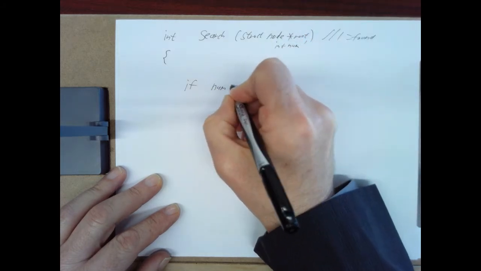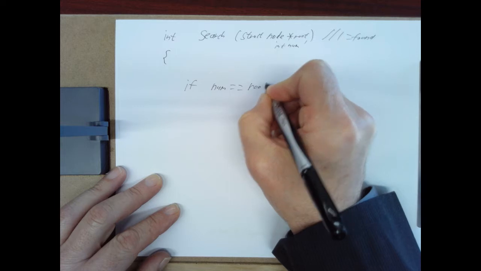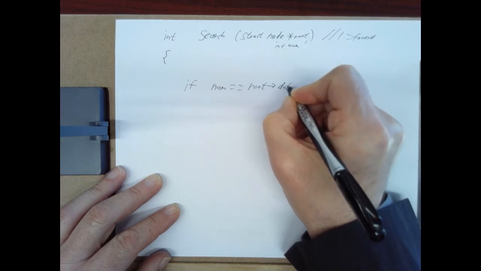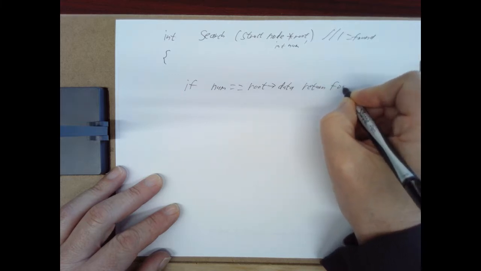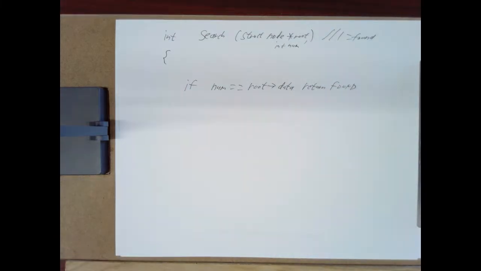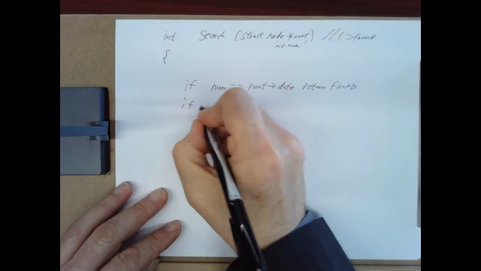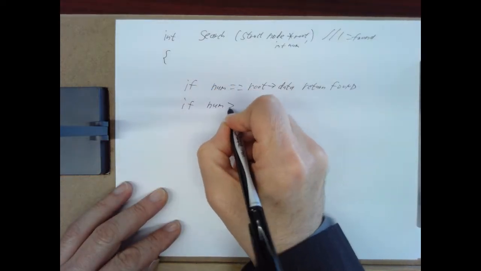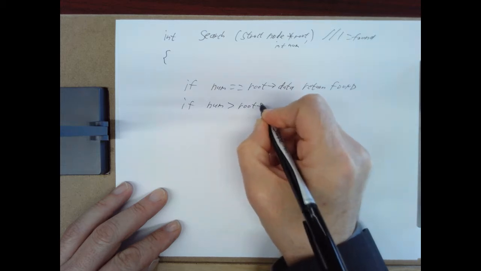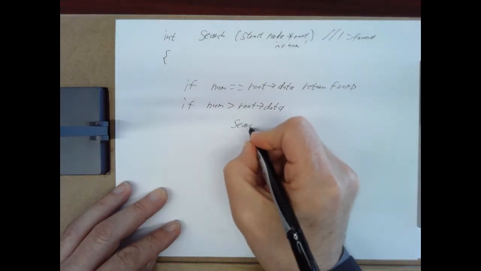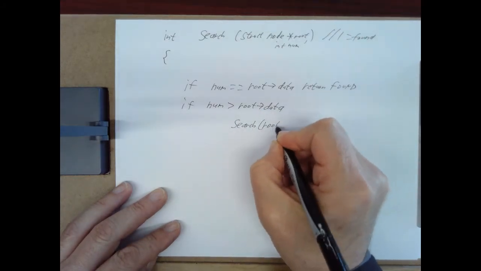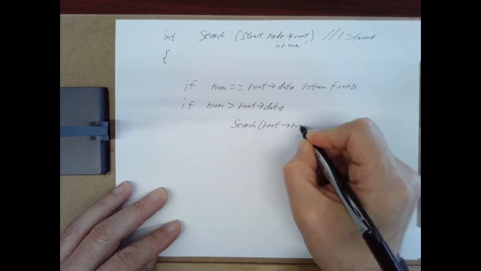If num is equal to root data, then it's found. If num is bigger than root data, then let's search the right subtree for our number.